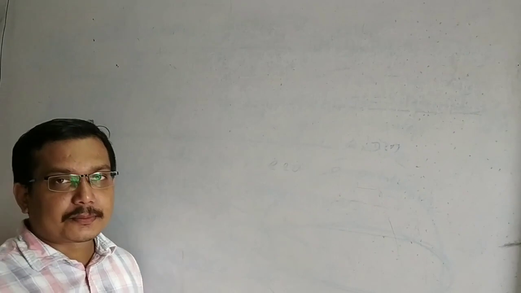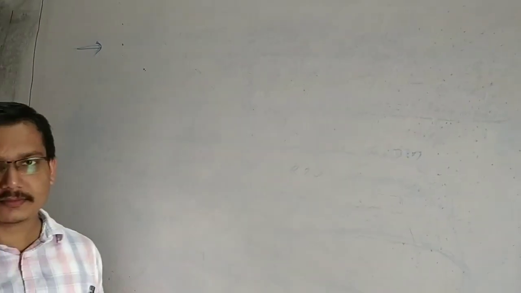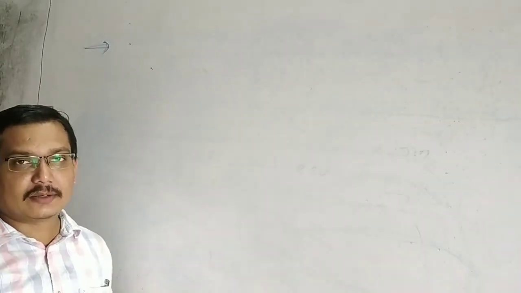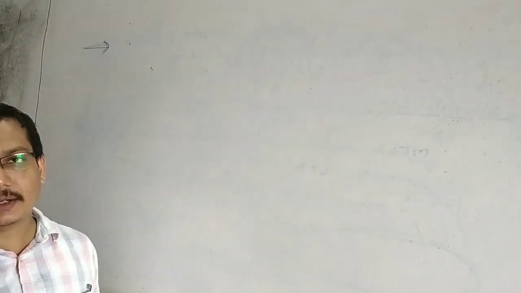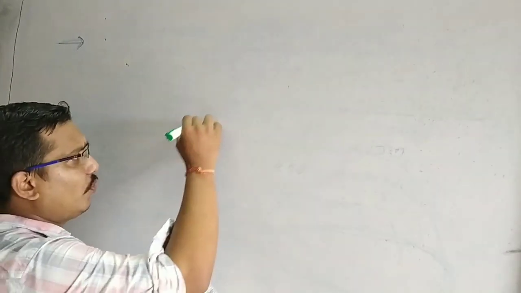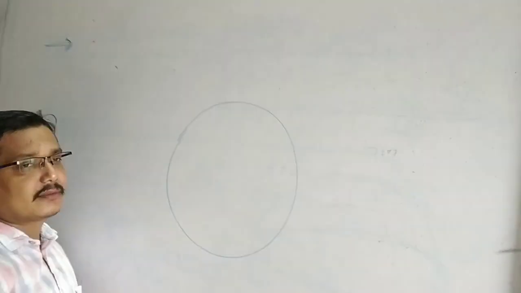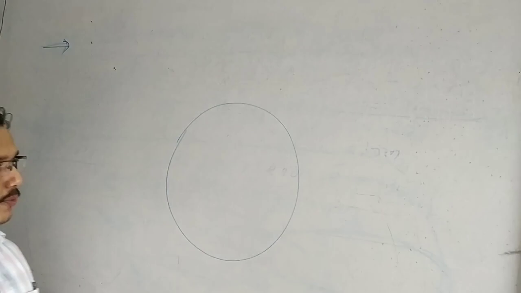Let me discuss the limitations of Thomson's atomic model. What are the limitations? When the neutron was discovered, Thomson did not explain anything about neutrons. Thomson only explained the arrangement of the electron and proton.